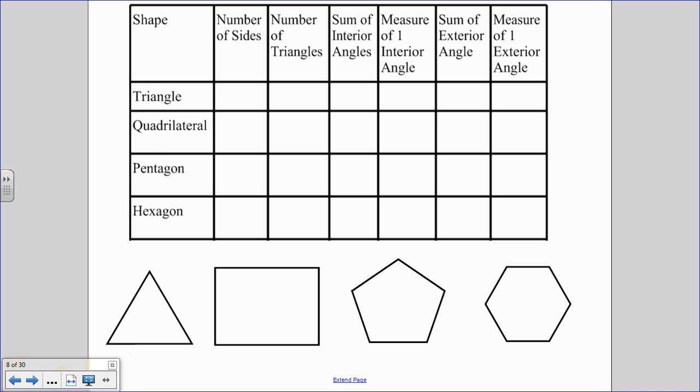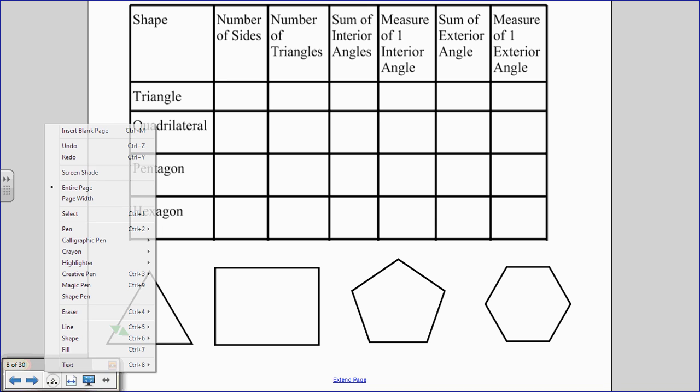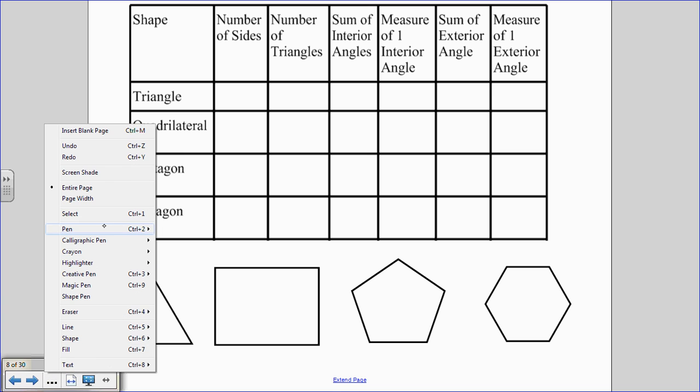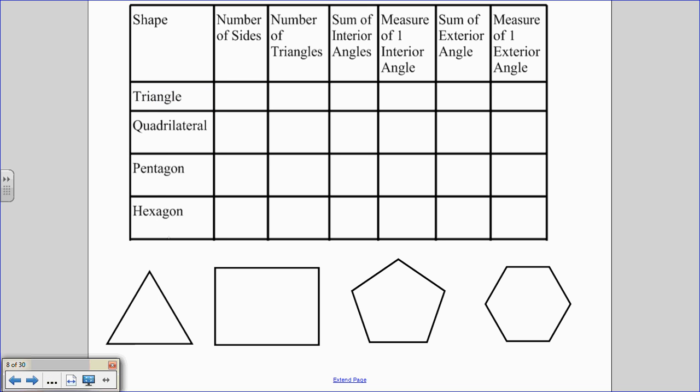However, we know that, no matter what the angles are, if we find the sum, that it'll equal 180 degrees. So a triangle has 3 sides, and it's one triangle, and the sum will be 180 degrees.